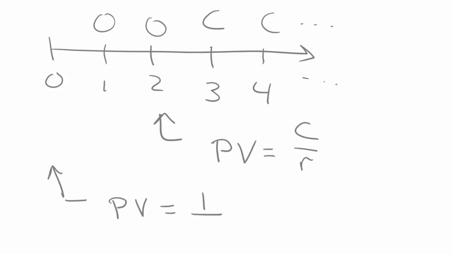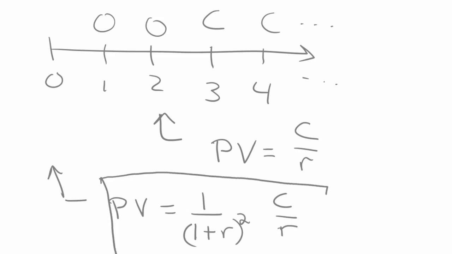The present value is this present value discounted back to time 0. How do we do that? We divide it by 1 plus R squared. So it's very counterintuitive. A perpetuity whose cash flows begin in 3 years is the perpetuity formula discounted back 2 years.